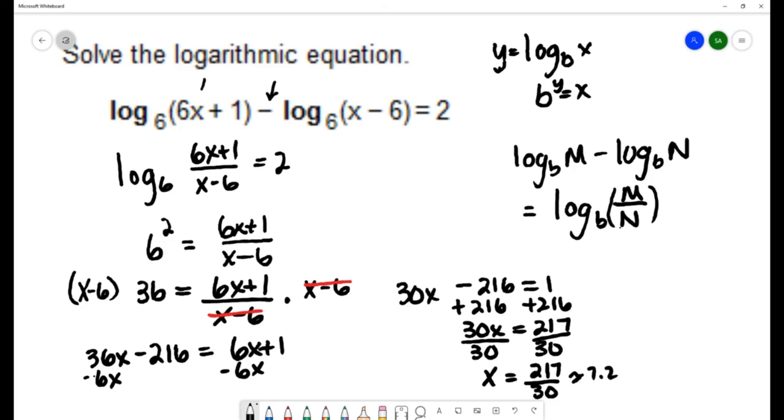So if I substitute 7.2 into here, 6 times 7 is a positive, plus 1 is a positive, and then 7 minus 6 would be a positive, so I'm going to be able to keep this solution of 217 over 30.